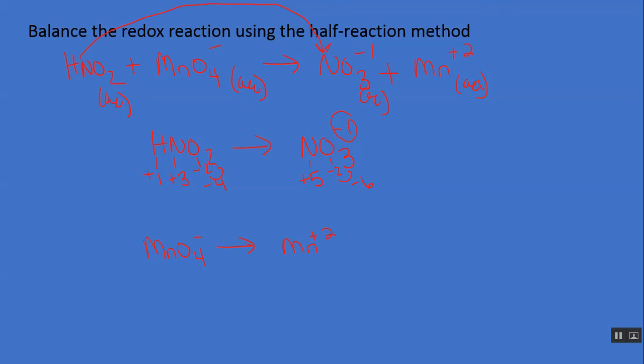If we're starting with +3 and we're ending with +5, what's causing this? Well, it's becoming more positive because it's losing 2 electrons. It's being oxidized. Remember, oxidized is to lose electrons. Anytime that happens, the electrons will be products.